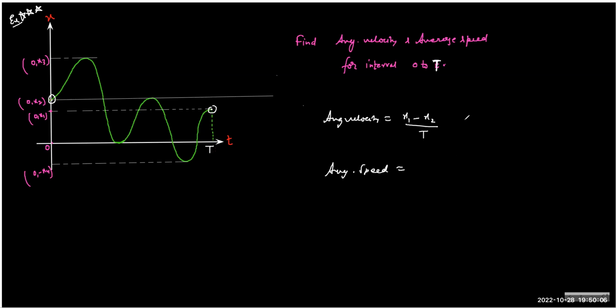Anybody else getting the first answer? Rugved, are you getting the answer? Sir, I also took from X3. So the definition is important. You need to remember the definition of average velocity. It is the displacement upon time, and displacement is defined as change of position.